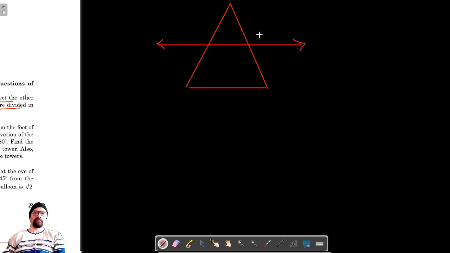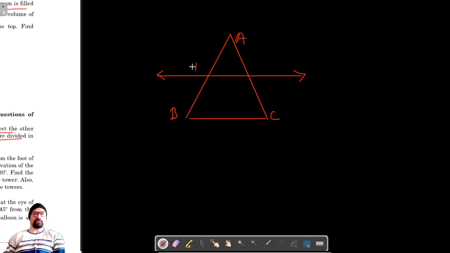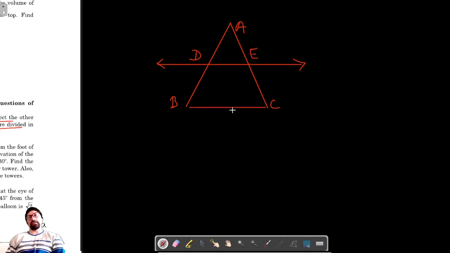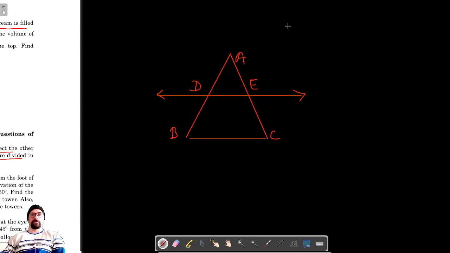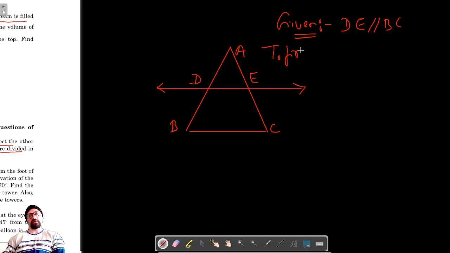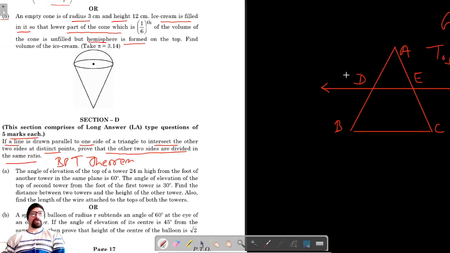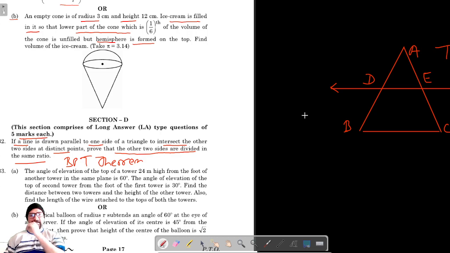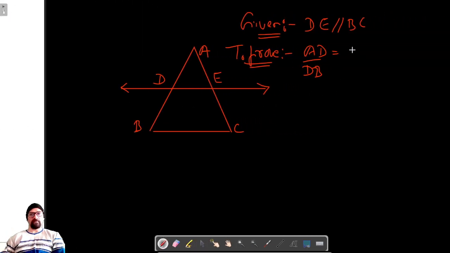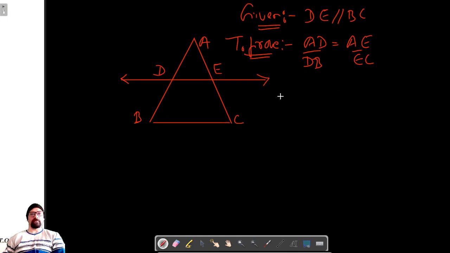So this is the triangle, and the line is drawn to intersect the two sides at points D and E. What is given is DE is parallel to BC, and we have to prove that the sides divided by DE are divided in the same ratio, that is AD by DB is equal to AE by EC. That's what we have to prove.